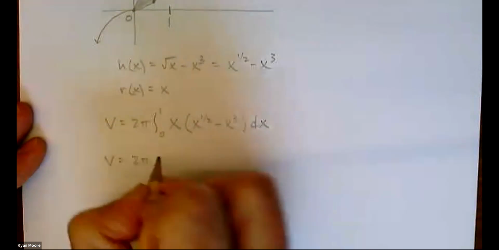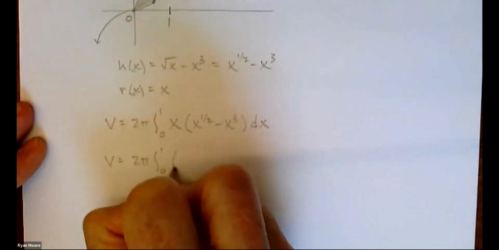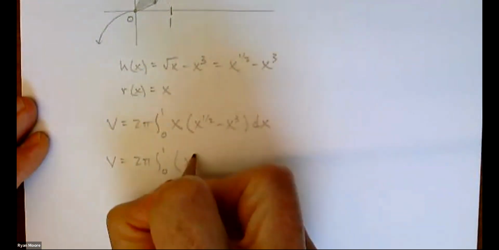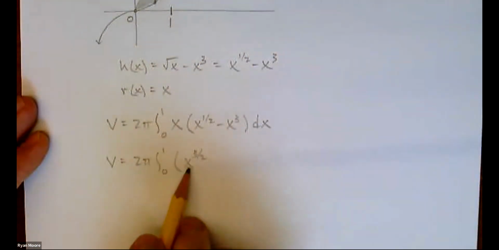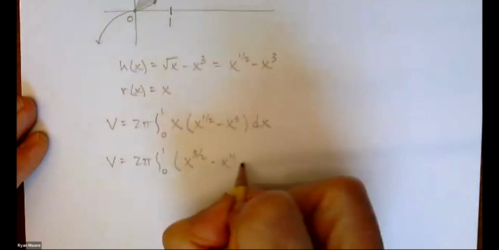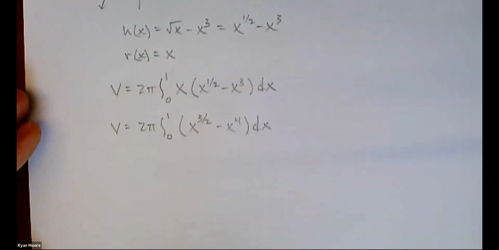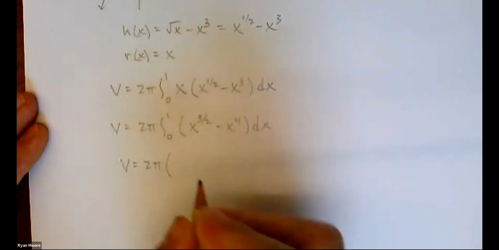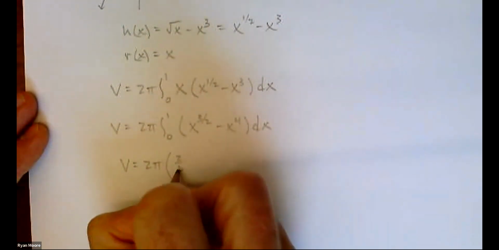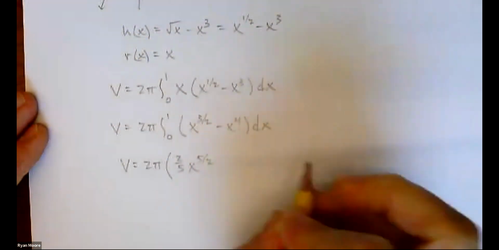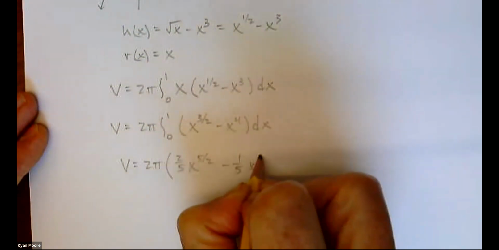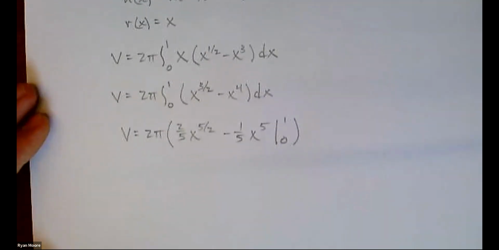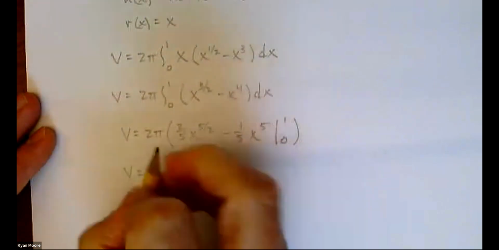Once you got it set up, you should be home free. Let's see here, x to the 3/2 minus x to the 4th. 2 pi, okay, antiderivatives. This would be 2/5 x to the 5/2 minus 1/5 x to the 5th, going from 0 to 1.